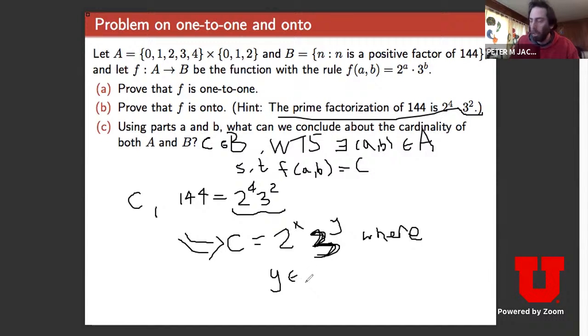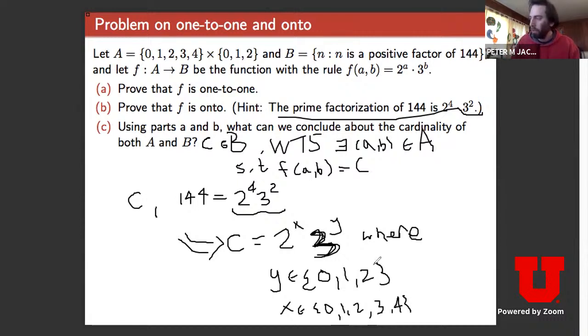So the number of 3's that we're going to observe is in 0, 1, 2. And the number of 2's that we're going to observe is going to be less than or equal to 4. In particular, x is going to be in 0, 1, 2, 3, 4. So we didn't actually prove this.